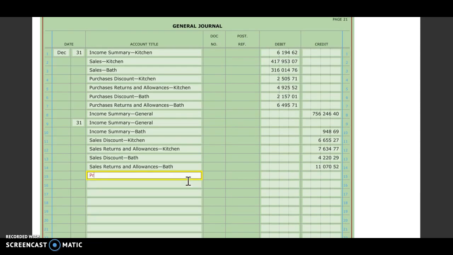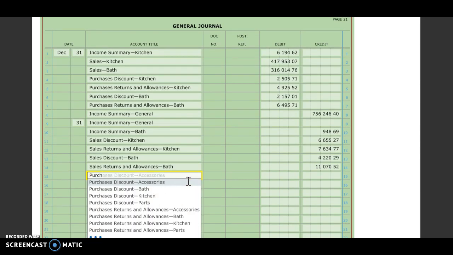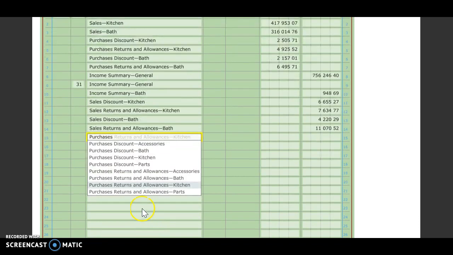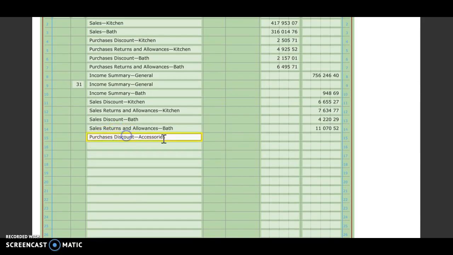Then we have purchases. Where is it? Purchases kitchen. Am I looking at this wrong?